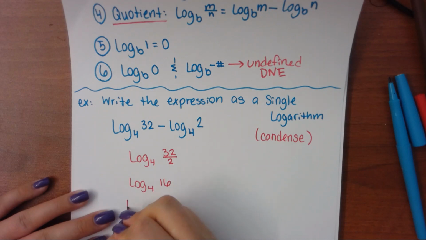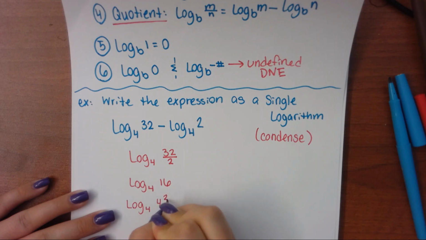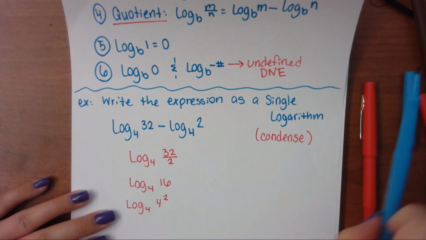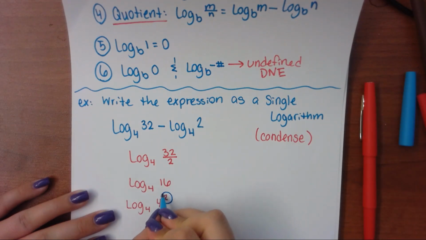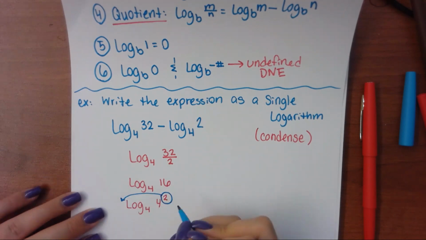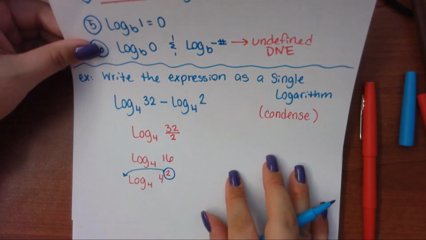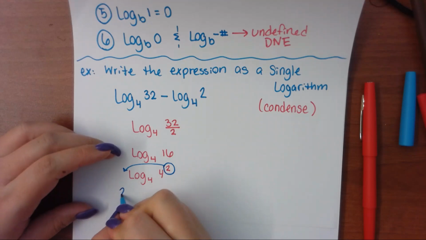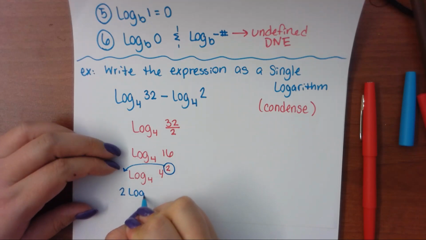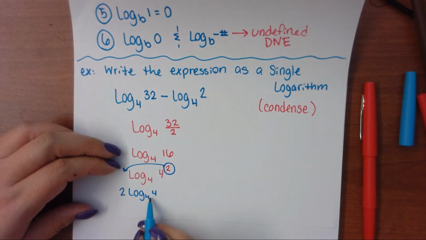So that's log base 4 of 4 squared. And then we want to use our power property, because I have a power here. And I'll show you why we want to use that. We want to use that because it's going to make simplifying this a little bit easier. We put that power up front. We have 2 log base 4 of 4. And remember, if I have the base of what I'm taking the logarithm of, they're the same. That equals 1. So this whole thing is equal to 2.